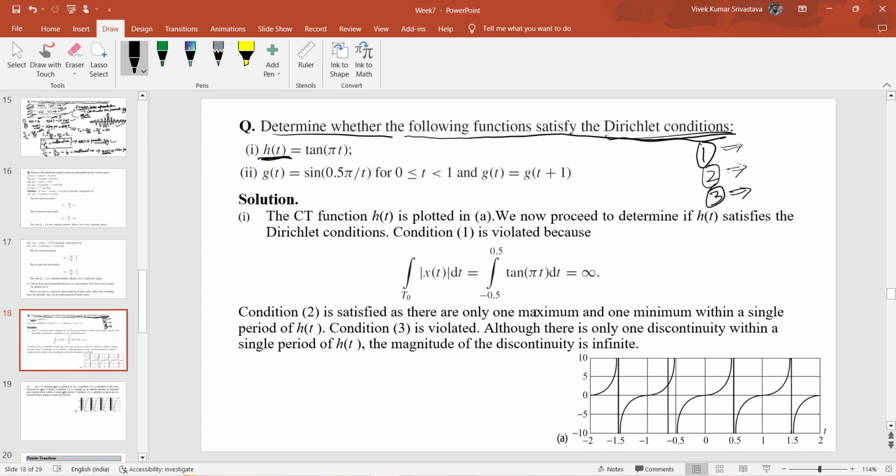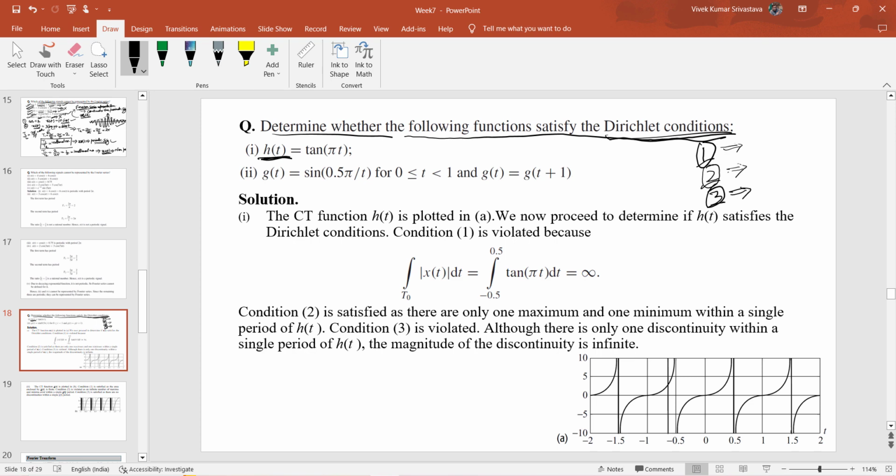If these conditions are satisfied, then we can easily represent the signal by the corresponding Fourier series. And if one of the conditions is not satisfied, then we cannot represent the corresponding Fourier series.